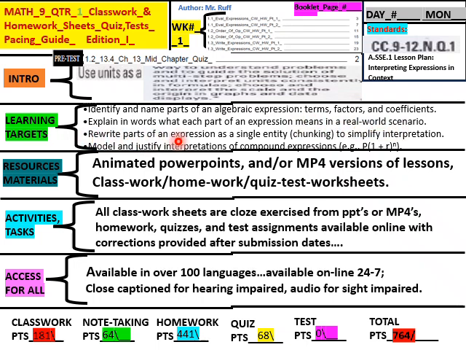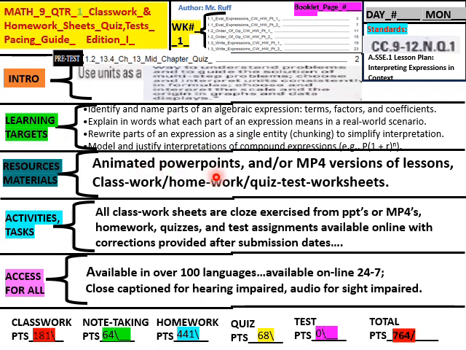Rewrite parts of an expression as a single entity, which is called chunking, to simplify interpretation. And then model and justify interpretations of compound expressions, for example, P times quantity 1 plus R to the nth. So we're going to get into that.